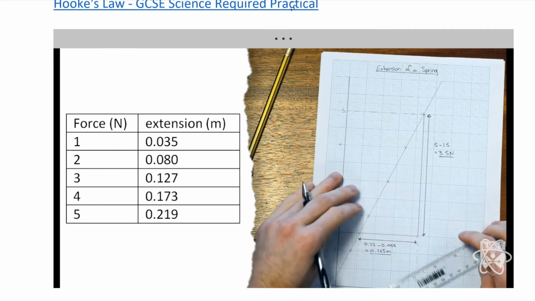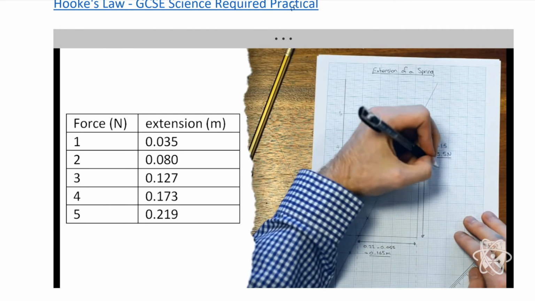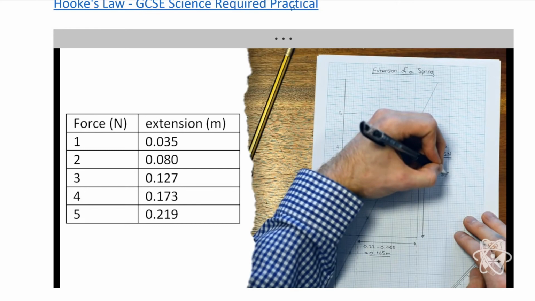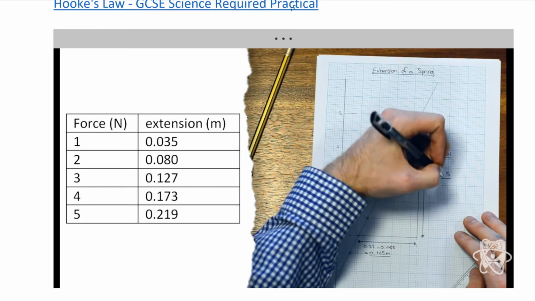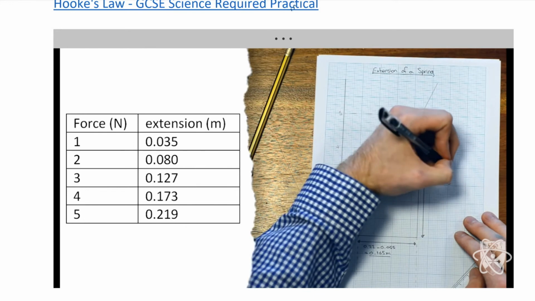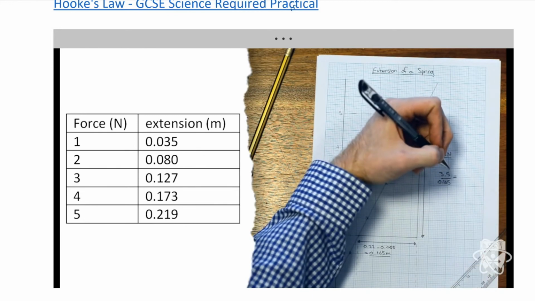Then lastly, to find the gradient, we're going to divide the height of the triangle. So we're going to do 3.5 newtons divided by 0.165 meters. Put that into the calculator.